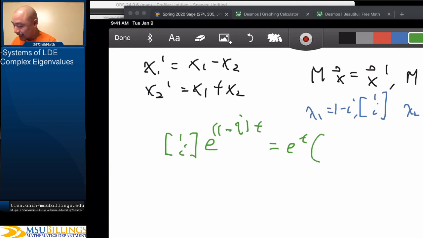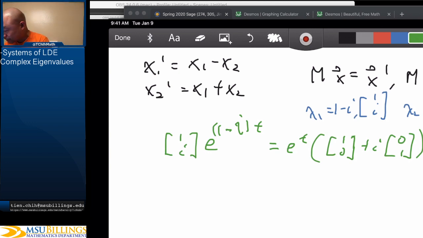The 1, i I'm going to express as 1, 0 plus i times 0, 1, and then the e to the minus it, that's expressible as cosine of t minus i sine of t, right?